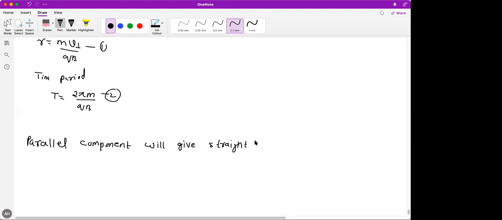Helical. Yeah, helical. See, parabolic is curved only, but you need something which is curved as well as a straight line. That's helical.